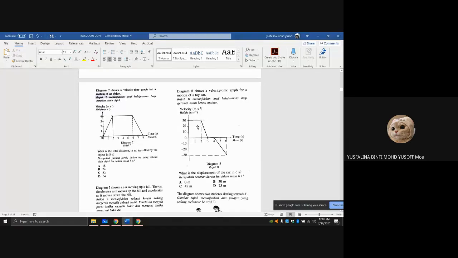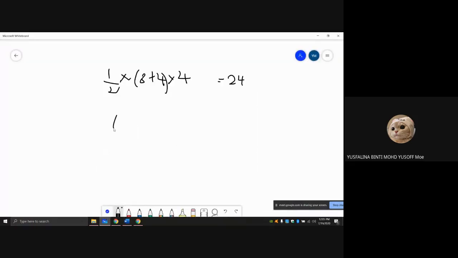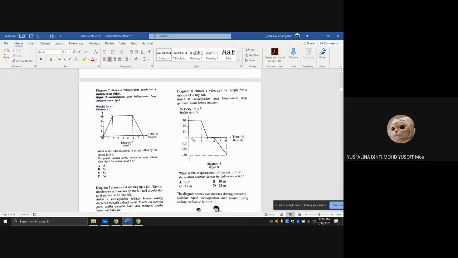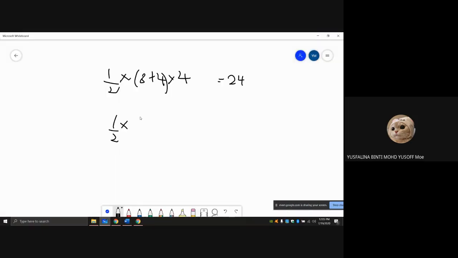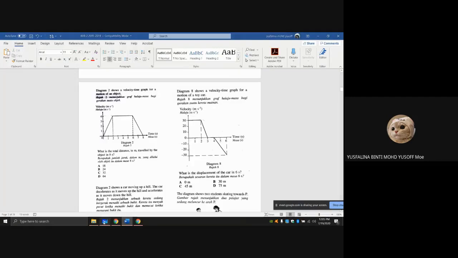So this one, there are one trapezium and one triangle. I show you half. The first one is half multiplied by 3 plus 2, and the height is 30.